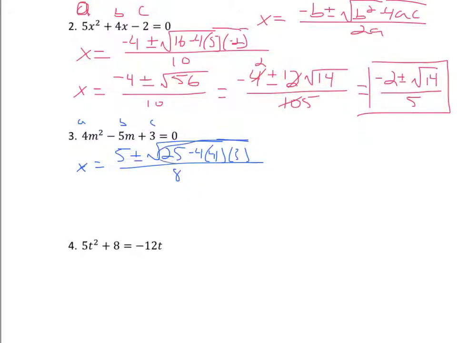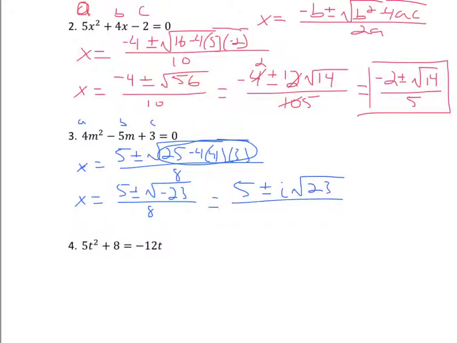So we need to simplify under our radical, and we'll have x equals 5 plus or minus the square root of 25 minus 16 times 3, which is 48. 25 minus 48 is going to be negative 23 over 8. Okay. Now the only thing that we can do here, we can't simplify 23 because it's prime, right? But we have to take out our negative. Okay, so rewrite this as 5 plus or minus i root 23 over 8. Those are our two answers.